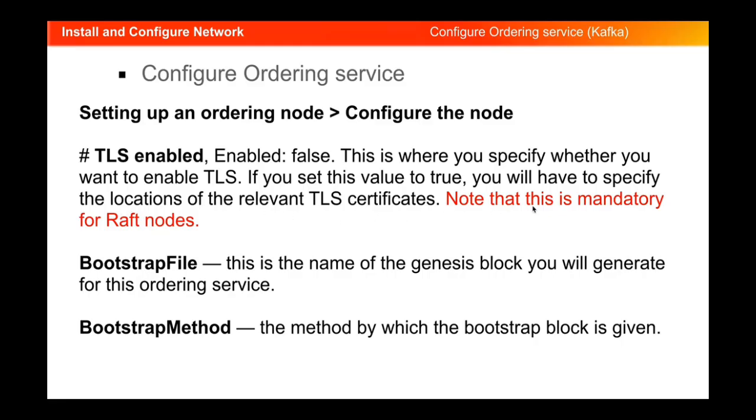Note that in version 2.0, this is mandatory for Raft nodes, because in version 2.0 we will be using Raft as the consensus mechanism. Then you have the property BootstrapFile. This is the name of the Genesis block you will generate for the ordering service. Then you have BootstrapMethod. This is the method by which the bootstrap block is given.